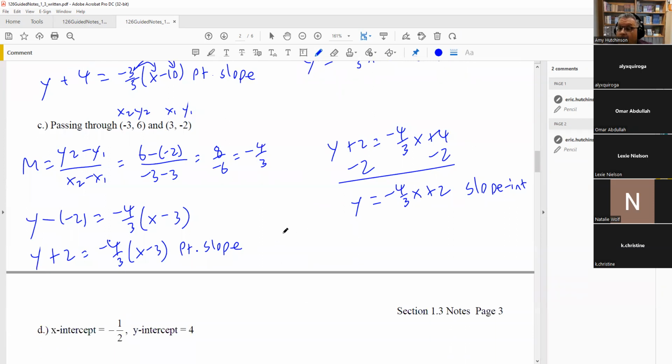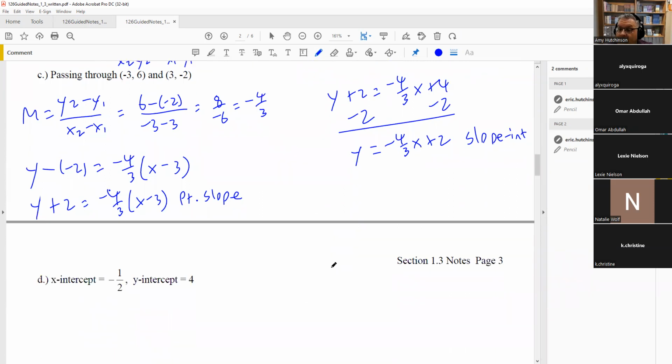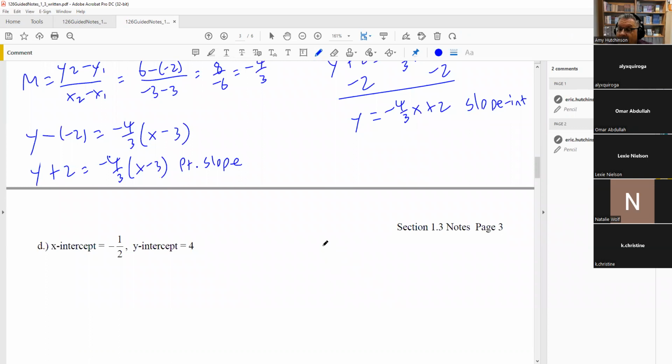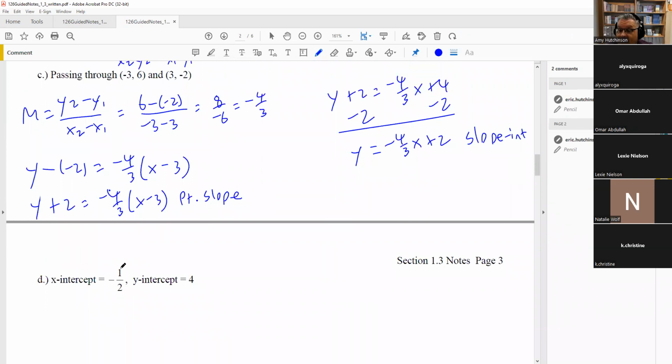We're going to do one more of these type. All right, so this one has an x-intercept and a y-intercept given. Before we can do anything with this, let's first write these as coordinates. Then we'll get 2 points that we can use the slope formula on to find the answer.